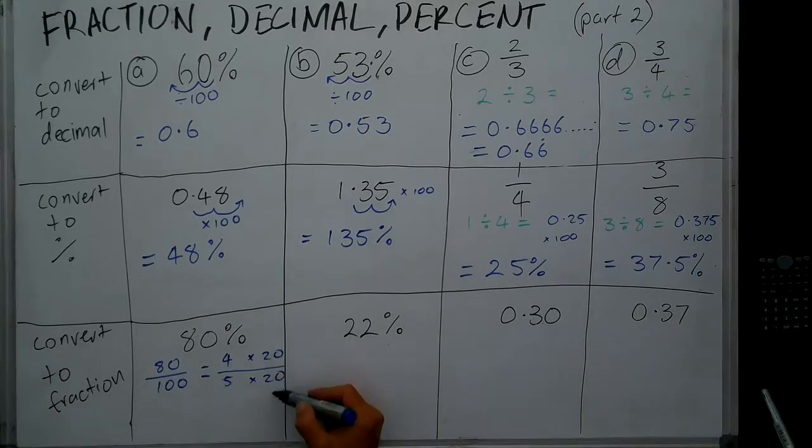But because we're essentially multiplying by this 20 over 20, it's 4/5 multiplied by 1. So those 20s cancel. 20, how many 20s? Only one of them. So 80% in its simplest fraction form is 4/5.